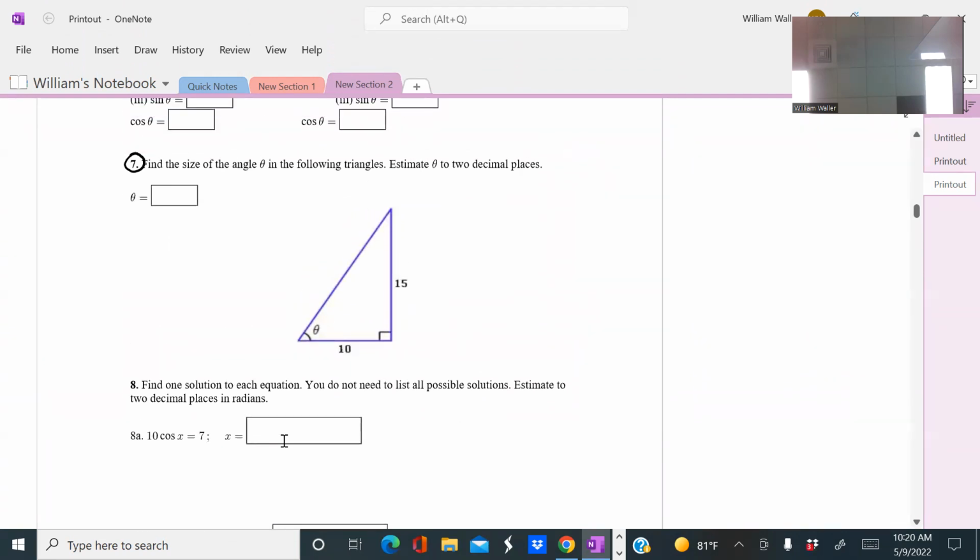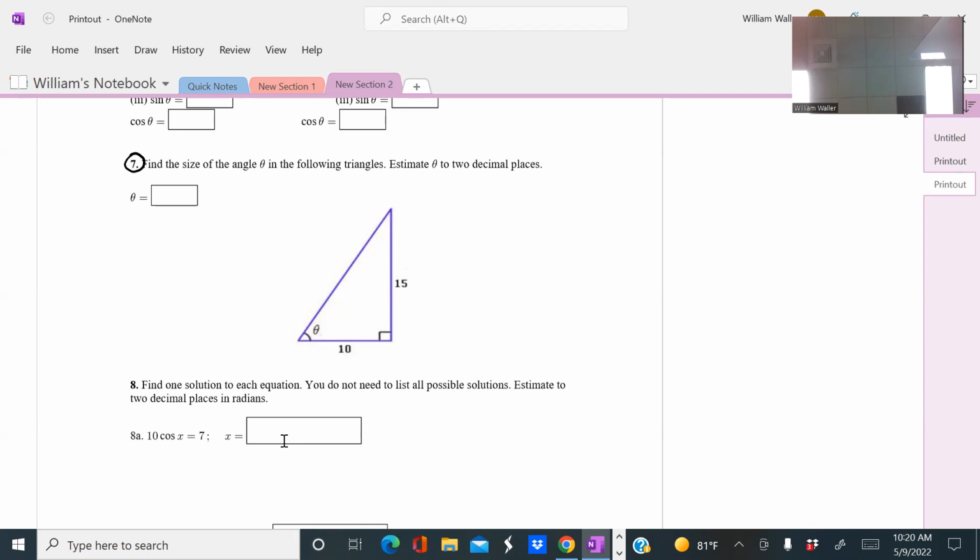So I think now this is similar, except here, instead of number 7, where we were looking for the length of one of the sides of the right triangle, now we're actually looking for the angle that's embedded in the right triangle. But we still just use trigonometry to find this.